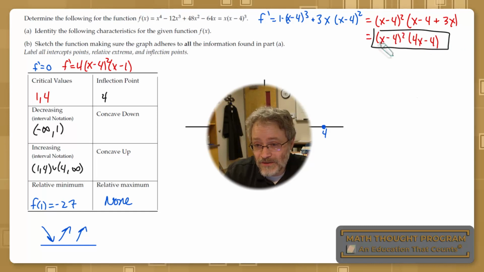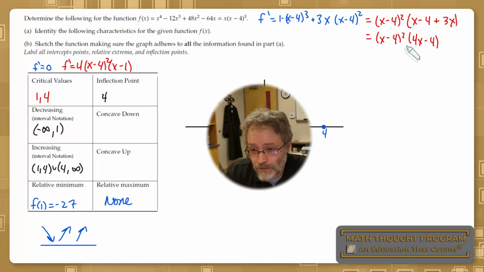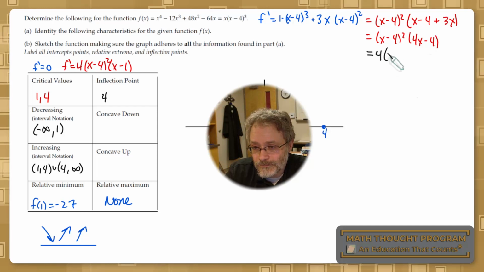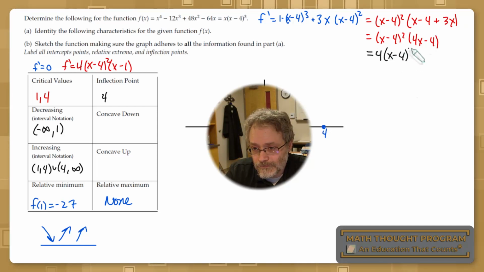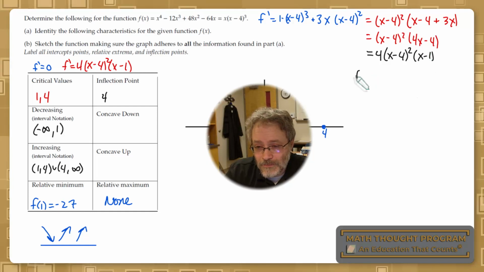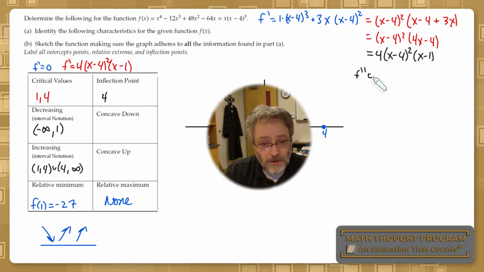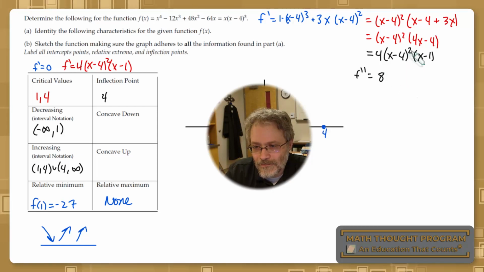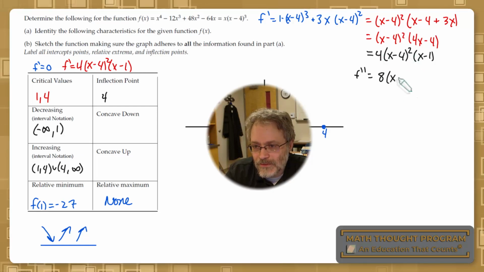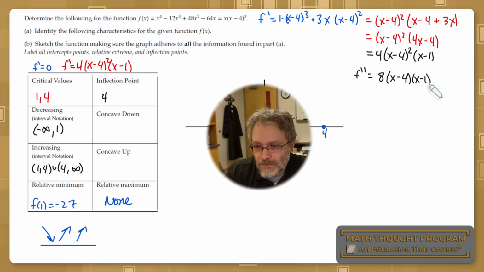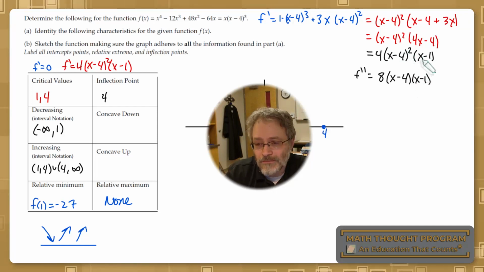So let's go and use the factored form, and let's go ahead and pull that 4 out so you can see it a little bit easier. So for the second derivative, it is a product, so we're going to be applying the product rule. 2 times 4. Then, derivative for x minus 1 is 1.